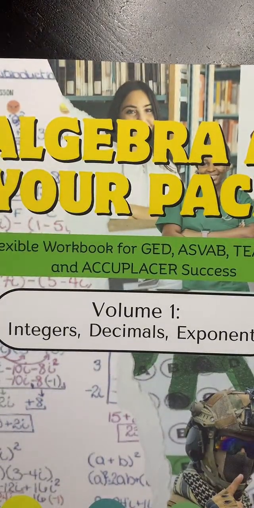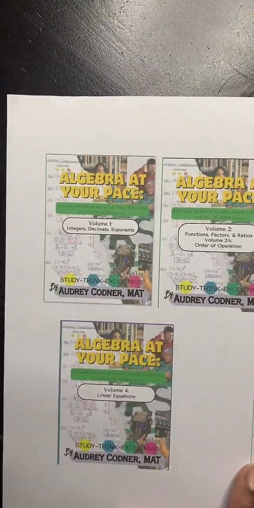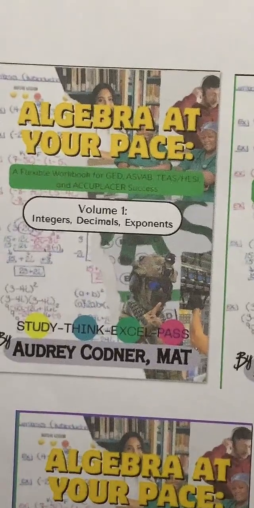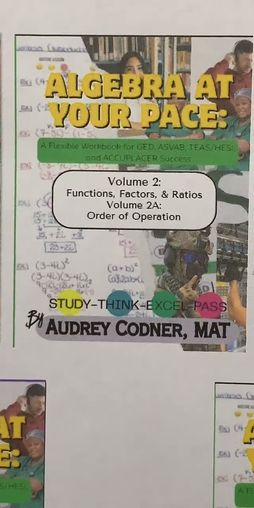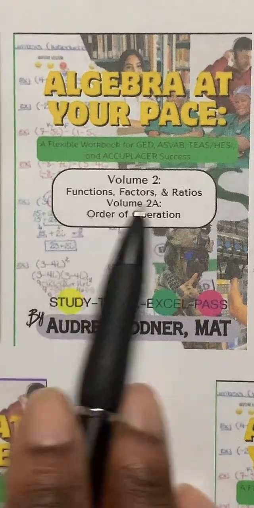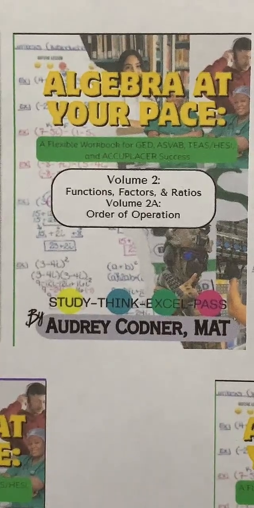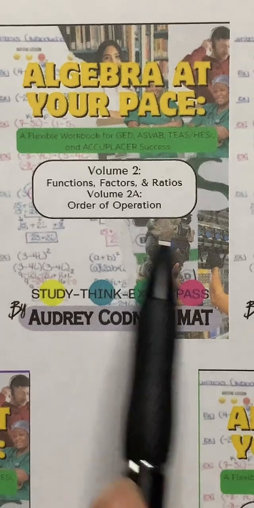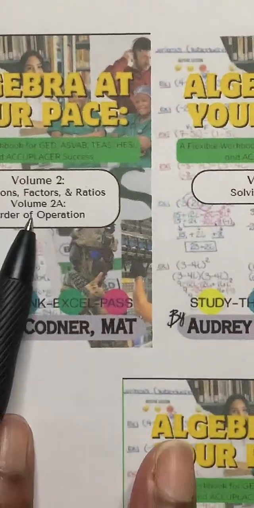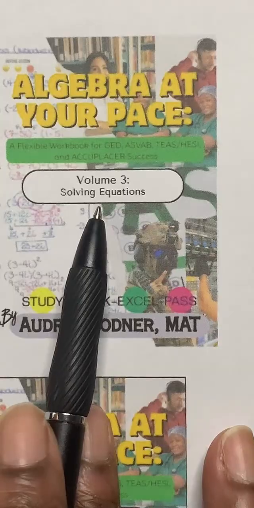Let me zoom in, because I'm still waiting for my author's copies. So you have your volume 1. Right now, 1 through 6 is available, and I still have a few more volumes to go. Remember, it was 3 weeks over Christmas break. Volume 2 deals with functions, ratios, and order of operations. Volume 3 is solving equations.